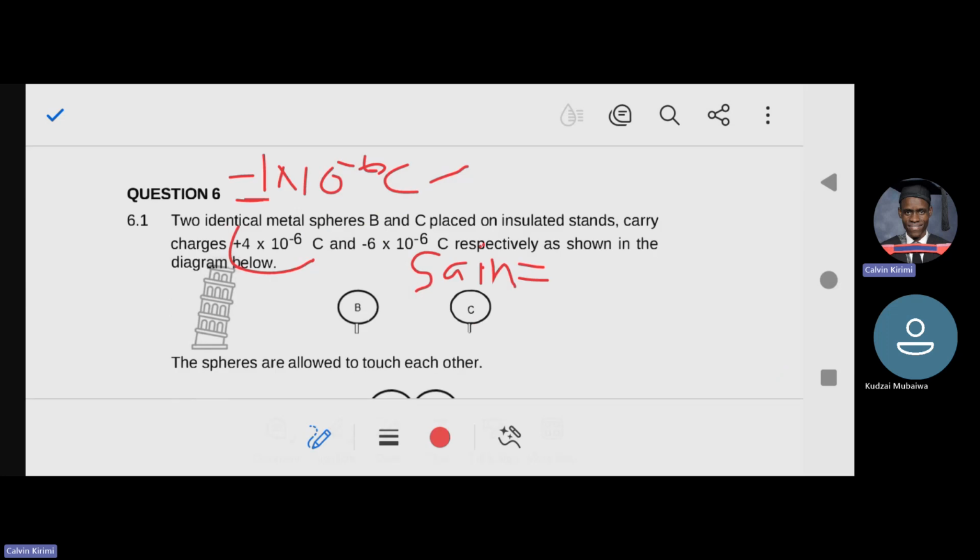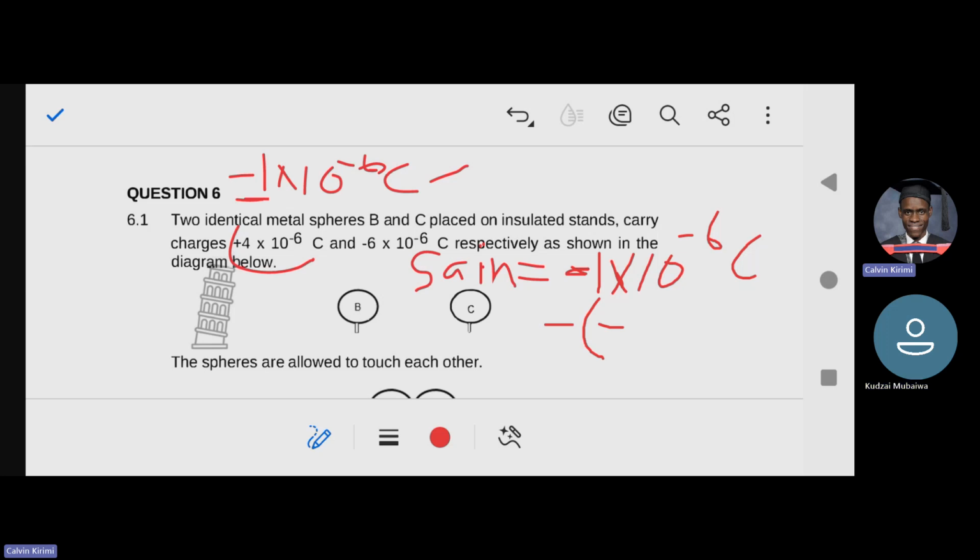So the final was negative 1 times 10 to the power negative 6 coulombs. That is the final, minus the initial. The initial was minus. Can you see? Yes, sir. So don't forget the minus.